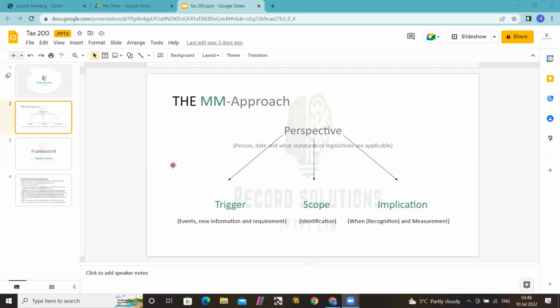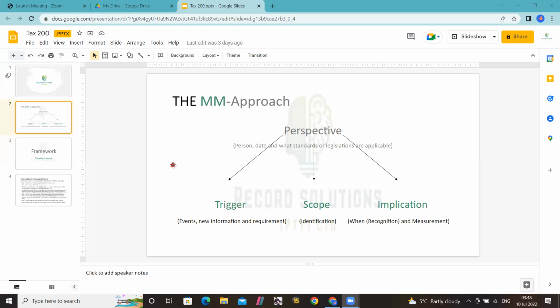And then after you know the person and you know the date, the third thing is to check what tax you are doing. So it's very important to know what tax you are doing. That's why I'm saying what legislation or standards are applicable. So what piece of legislation is applicable, right? Because different pieces of legislation apply to different taxes.